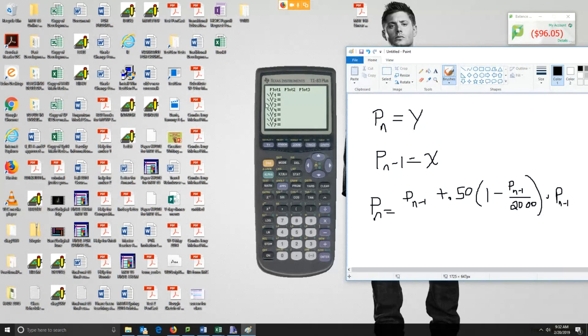So remember, in my formula in the calculator, I'm going to have y as P sub n and x as P sub n minus 1. So here's how I'm going to enter it in. I'm going to say x, and that's this button right here.